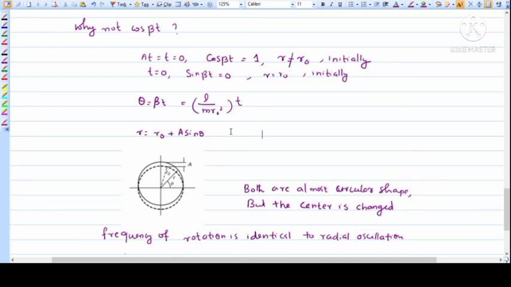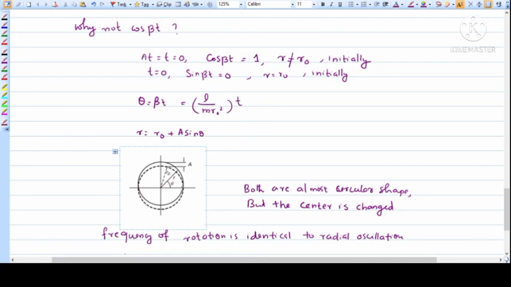So at theta equal to 0, r is equal to r0, and also at theta equal to 180 degrees it is r0. You can see it from the picture, and the variation is according to the theta variation.